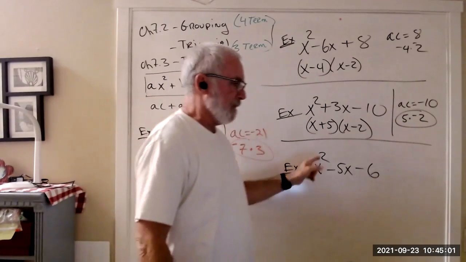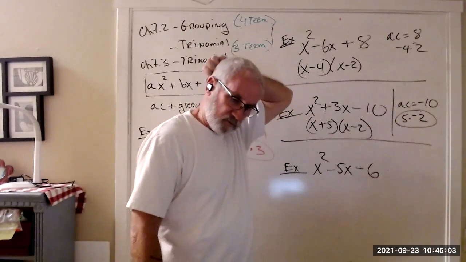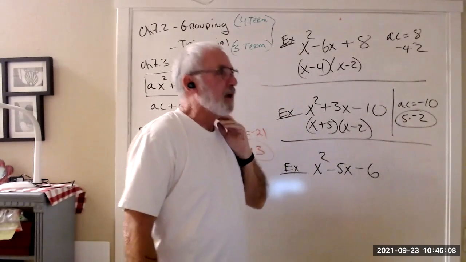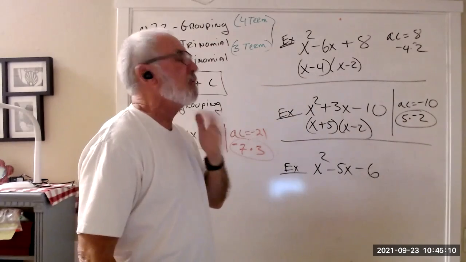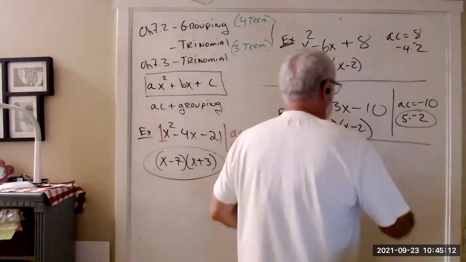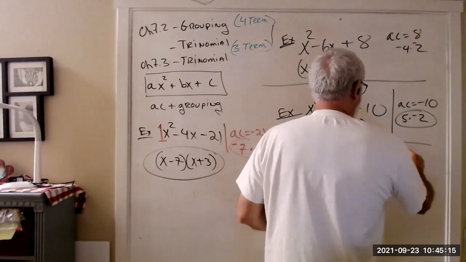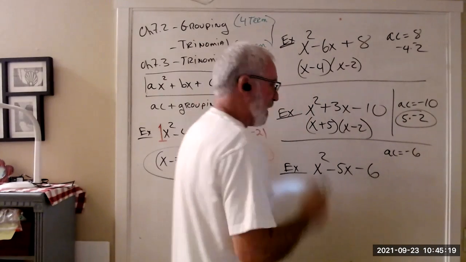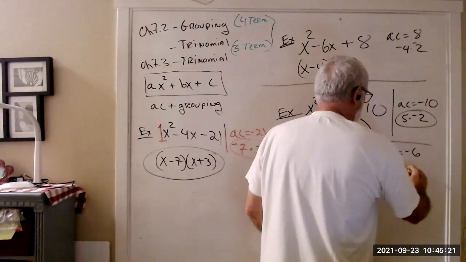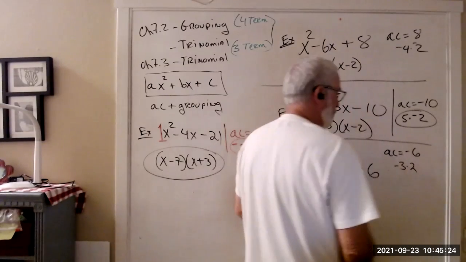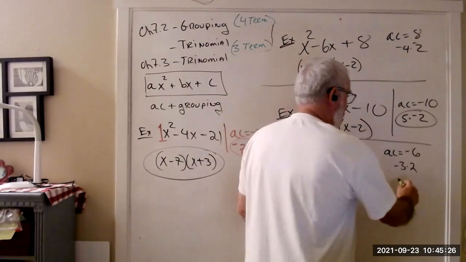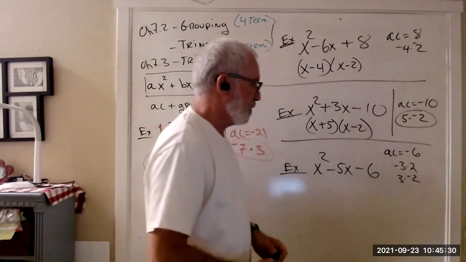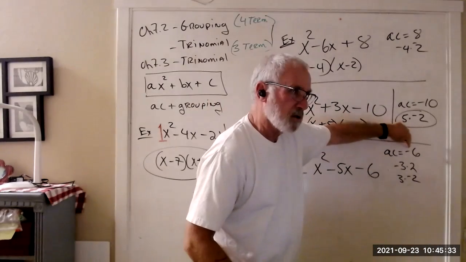Now, this one here is tricky, because your AC is negative 6. And people start thinking, oh, negative 3 times 2, or 3 times negative 2. Those make negative 6.